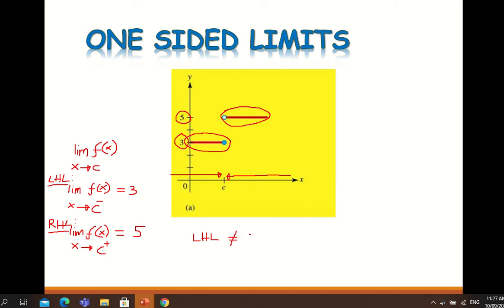What does it mean? Since the left hand limit does not match the right hand limit, the limit of the function as x approaches c does not exist, or DNE.